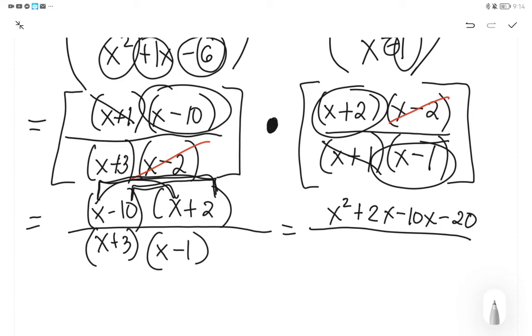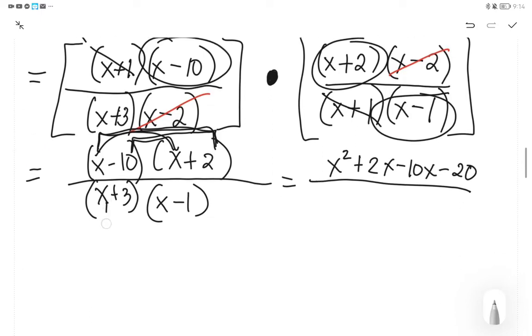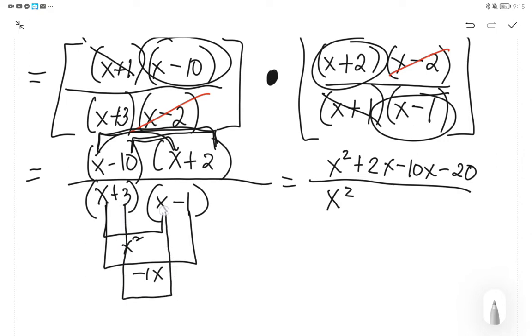That's the simplified form. But we're not yet done. Si denominator, that is x squared. So we write x squared here. Outer terms, negative 1 times x, that is negative 1x. Positive 3 times x. Si inner terms, positive 3x.